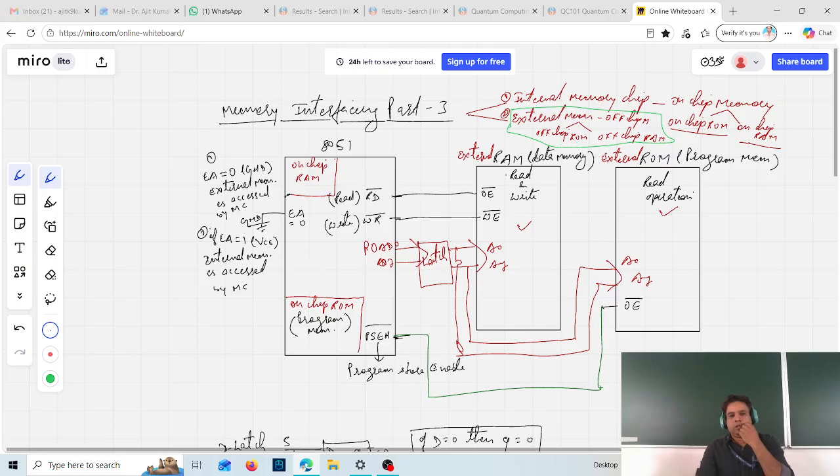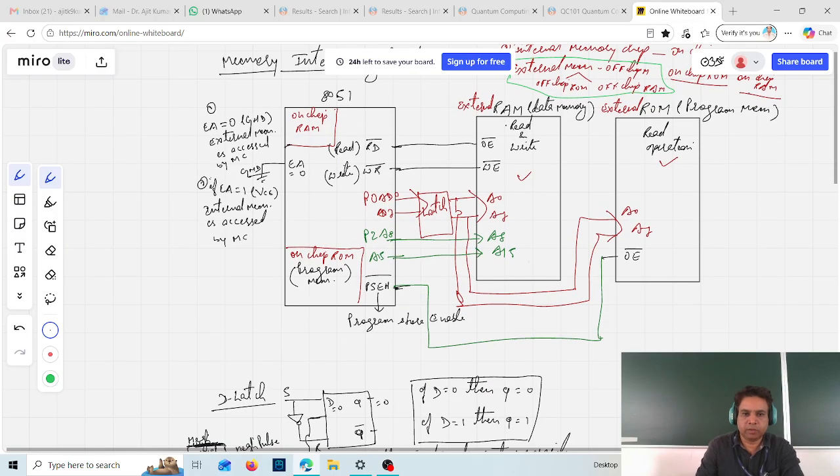So this latch input AD0 to AD7, output is A0 to A7, and then we have A8. Now there is another one which is called port 2 from where A8 to A15 is there. So that will be connected directly, exactly like this. A8 to A15, and the same bus is connected here also.